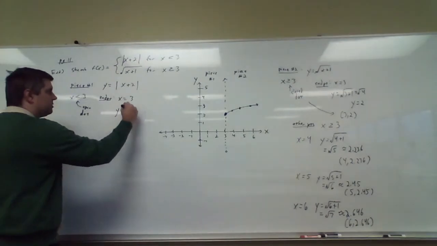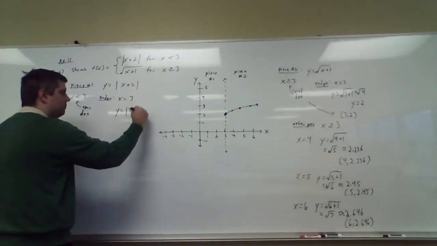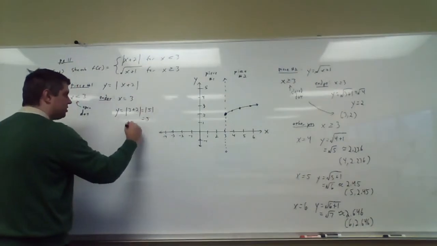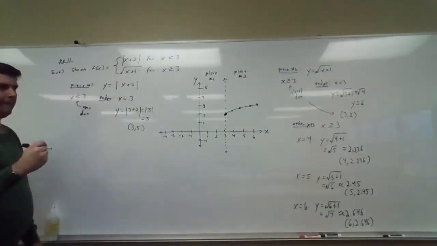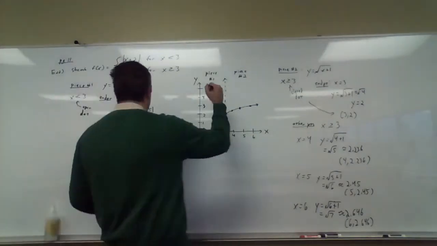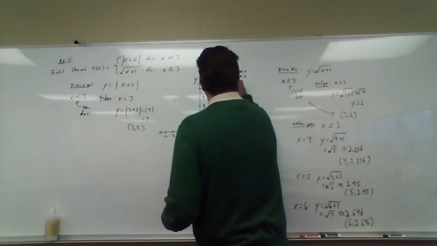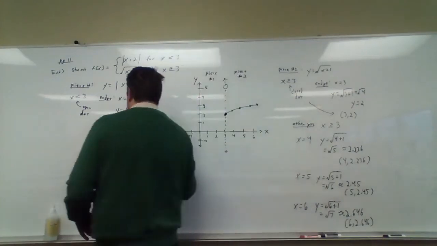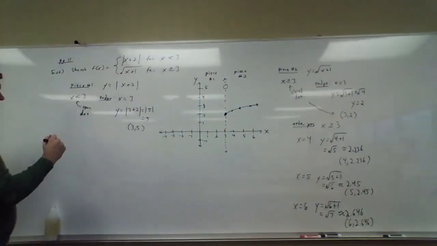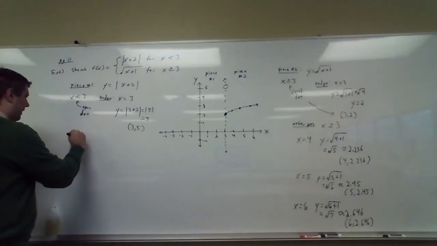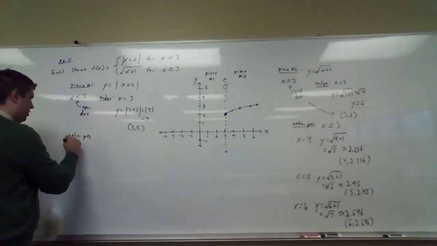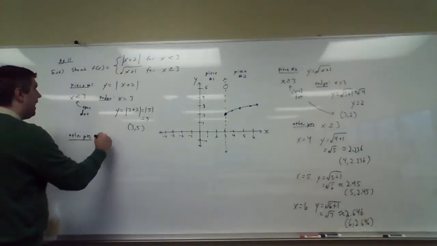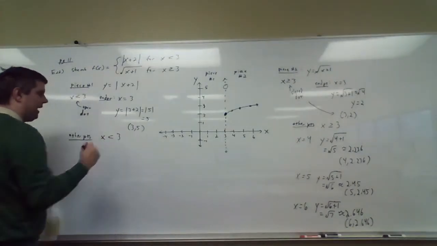y equals the absolute value of 3 plus 2, which is the absolute value of 5, which is just 5. So it's (3, 5). I'll go ahead and plot it with an open dot. Next up, we need other points with the restriction that x has to be less than 3.